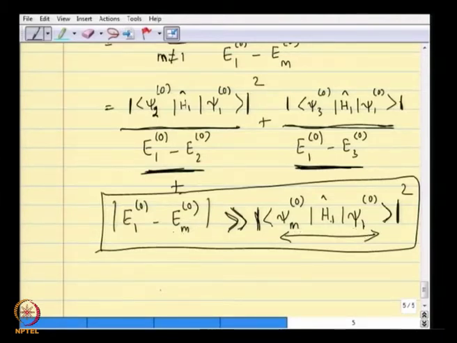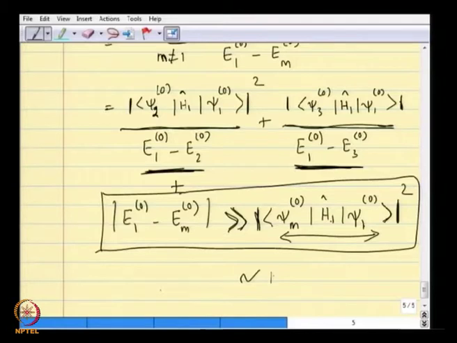Therefore, the 0 order energy level differences for those energies connected by the perturbation are very large. The magnitude of the perturbing Hamiltonian itself is very small, such that the ratio is much less than 1. That is a statement to say that perturbation theory will work very well when this condition is satisfied. If the ratio is of the order of 10, that is E1 0 minus E m 0 is 10 times this, perturbation theory is good.